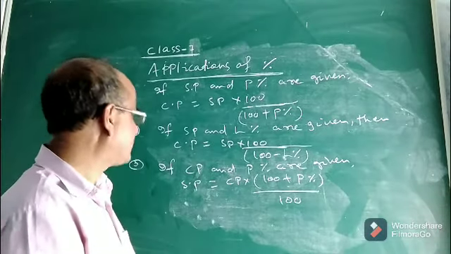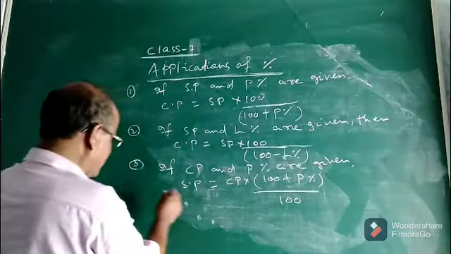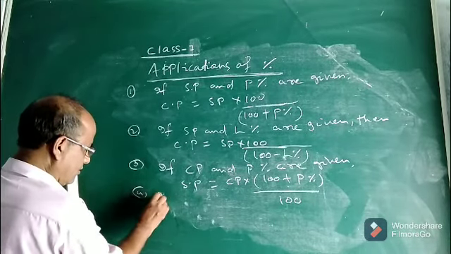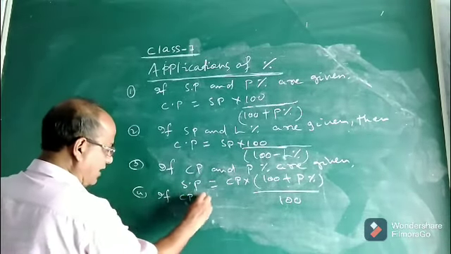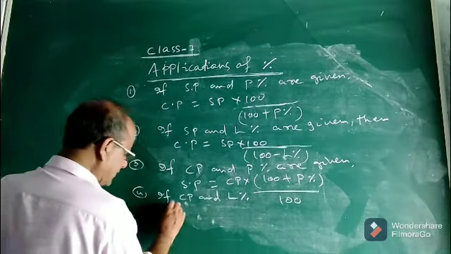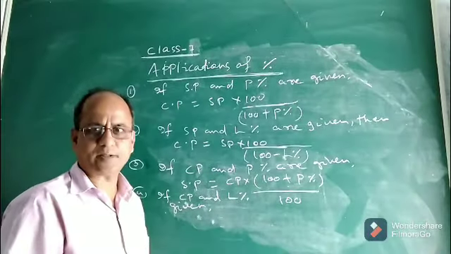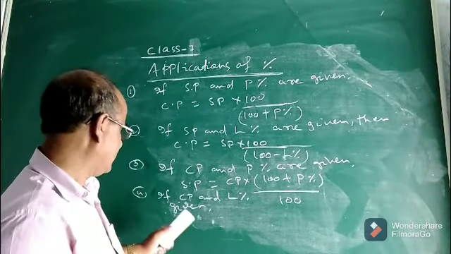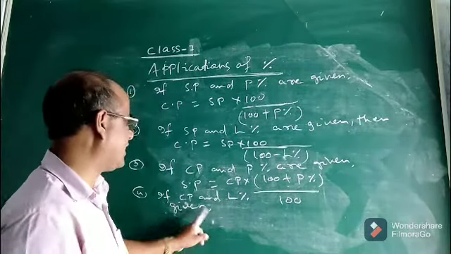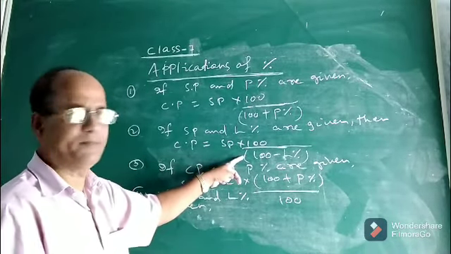Now another thing. Suppose you are given CP and loss percent. If cost price and loss percent are given, then how to compute the selling price? Very simple.